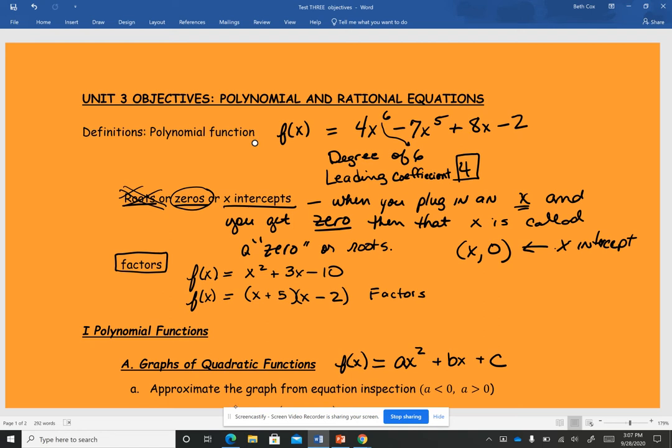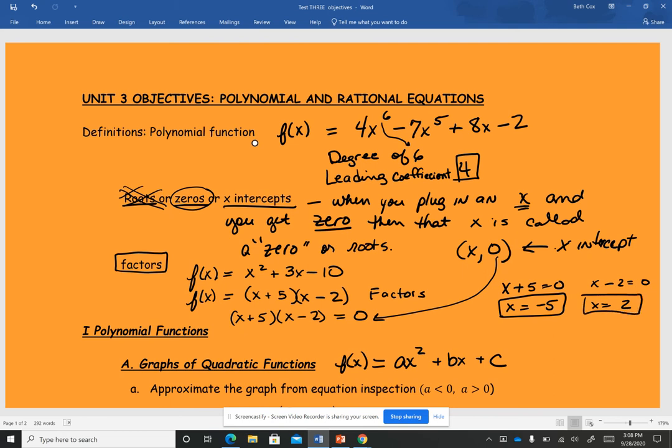And then if we know the factors, we can find the zeros, because if I set each one of these factors equal to 0, then I'm going to be finding the x-intercepts. When is it equal to 0? So then I would have x plus 5 equals 0, which means x is negative 5. And x minus 2 equals 0, which means x is 2. This is old math. We've done that. These are the x-intercepts, also known as zeros.